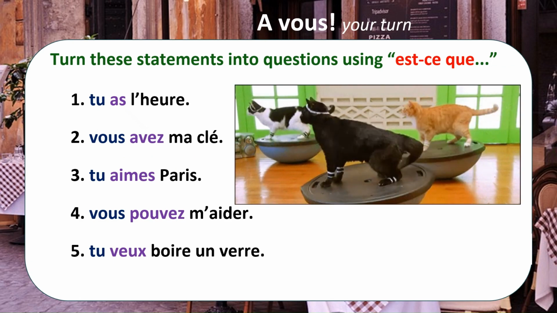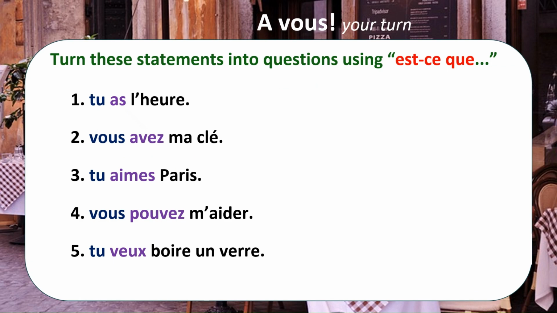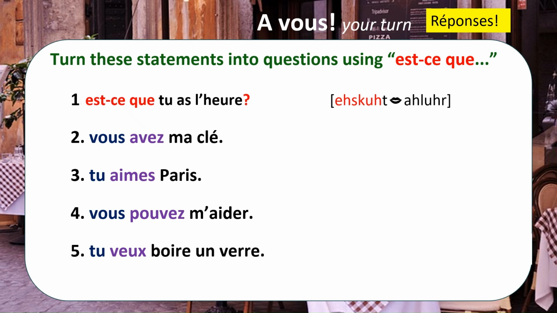Let's practice again. We have the same statements as earlier, but this time you need to turn them into questions using est-ce que. So you can pause the video to complete the activity, and once you're ready, we'll check the answers. Voici les réponses. Here are the answers. Tu as l'heure becomes, est-ce que tu as l'heure?